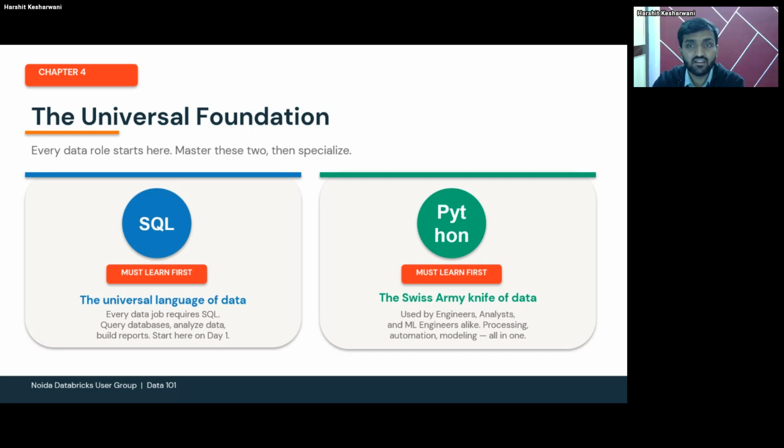So before getting into the next slides, I would like to know, which do you think is the highest paid job? Data engineer, data analyst, or data scientist? Write in the chat box, or you can just unmute and say which job you think is the highest paid. Data scientist, data scientist.